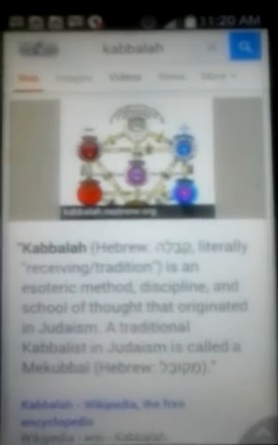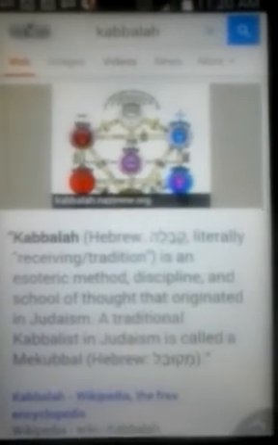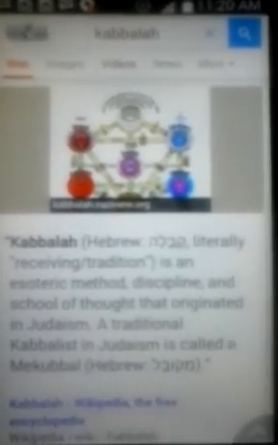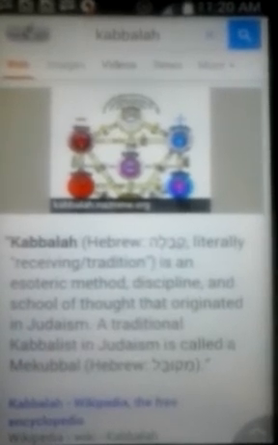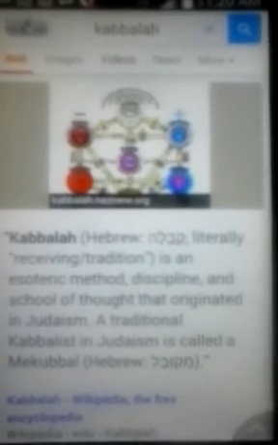This is also what I was referring to, all that was connected to the Kabbalah and teaches the Kabbalah. As you see down here, the word esoteric. And that's what I'm showing you, esoteric understanding.